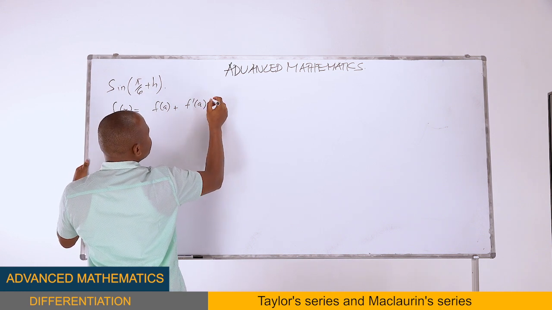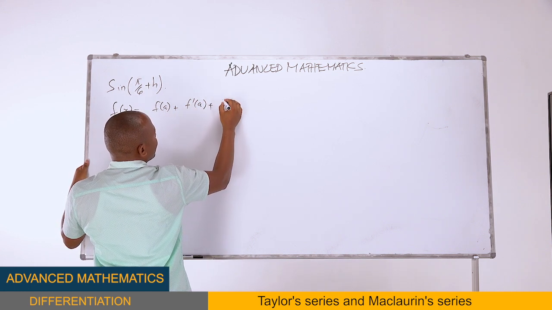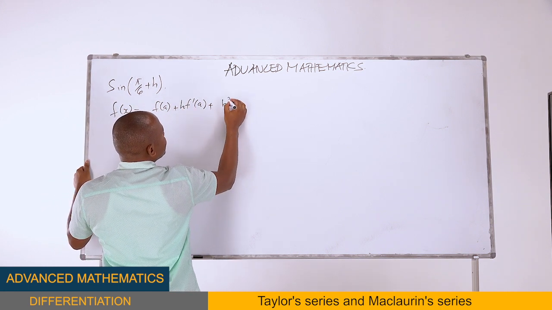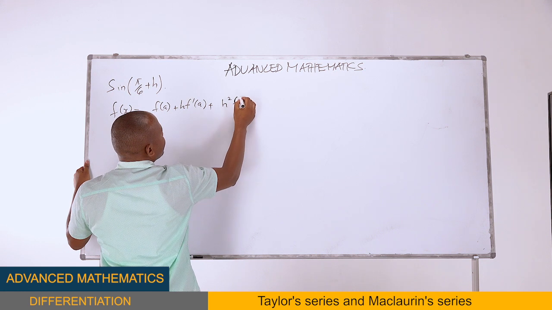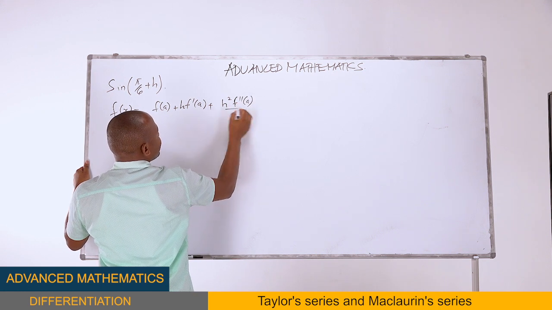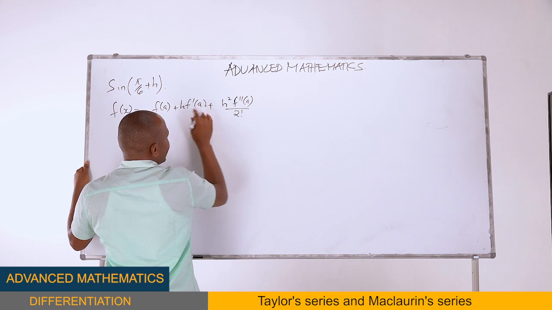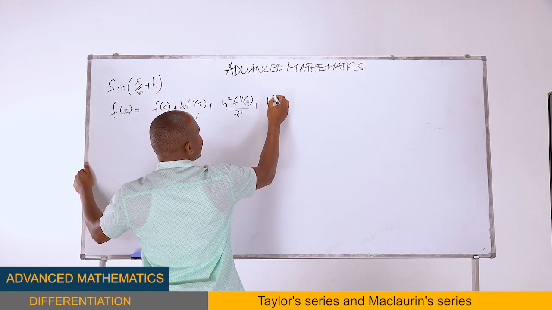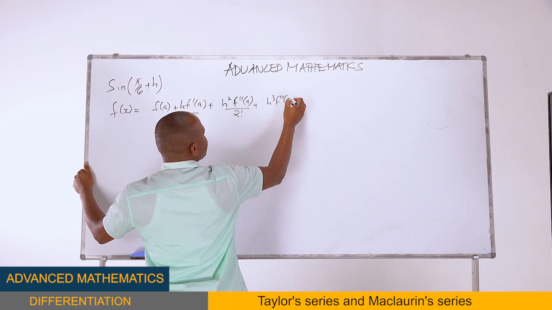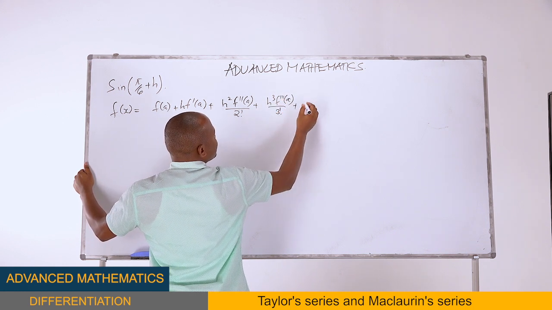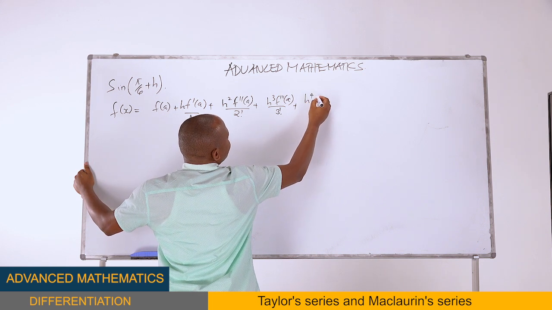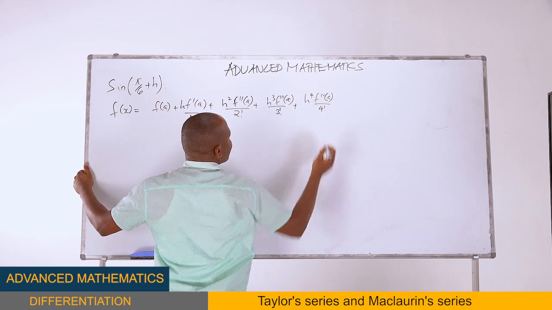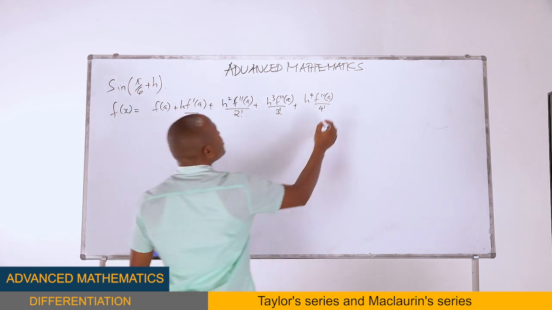Then we have h squared f double dash of a over 2 factorial. Sometimes it's written over 1 factorial, which is equal to 1. Then plus h raised to 3, the third derivative of a over 3 factorial, h raised to 4 over 4 factorial. Now this goes on.